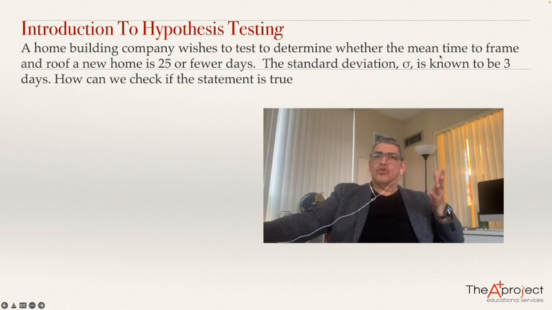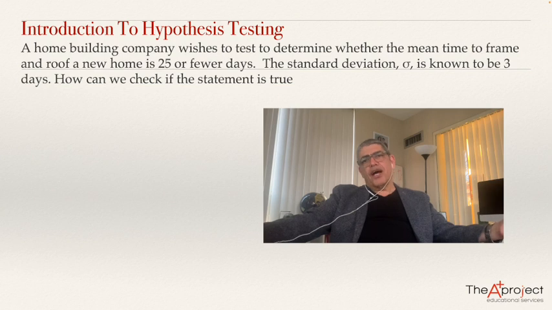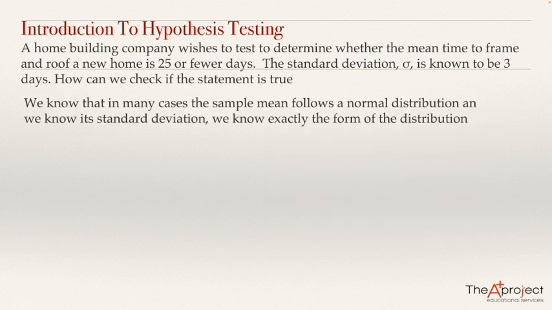And we would like to know if this statement about the mean time to frame and roof a new home, is this 25 or fewer days. We know that in many cases the sample mean follows a normal distribution. For example, when the original random variable has a normal distribution, for example, in this case, the time to frame and roof a new home, if this time is normally distributed, then the mean of this time will also be normally distributed.